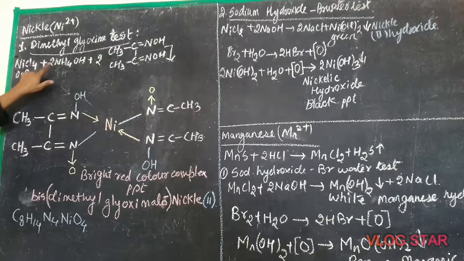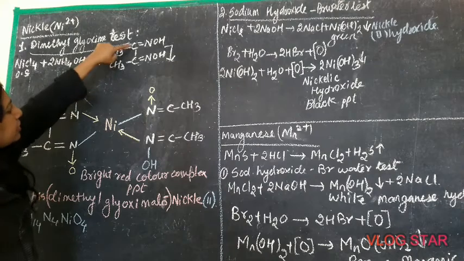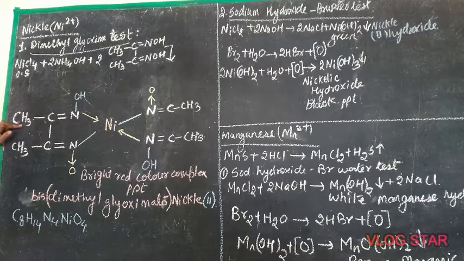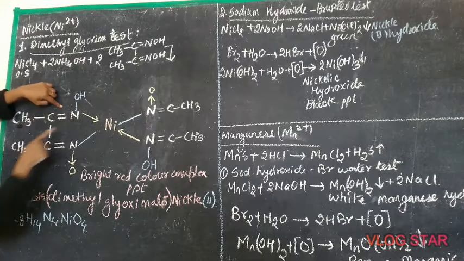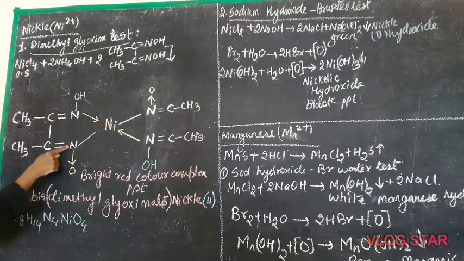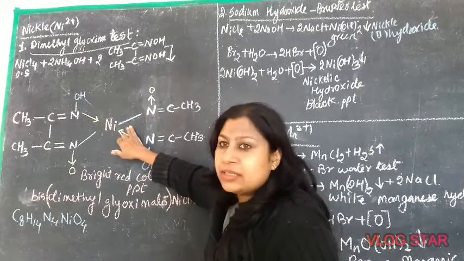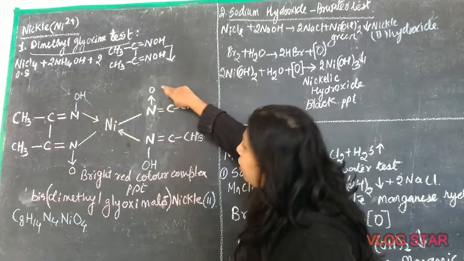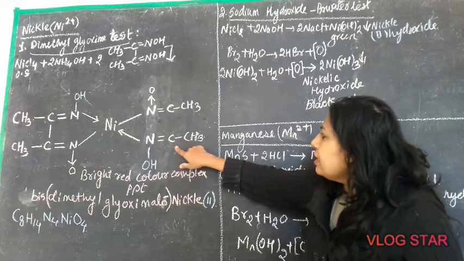NiCl2, the original solution, plus 2NH4OH plus 2 dimethyl glyoxime, CH3-C=NOH, CH3-C=NOH. It gives the complex where N coordinates to Ni and O bonds through N, with N=C-CH3 on each side.